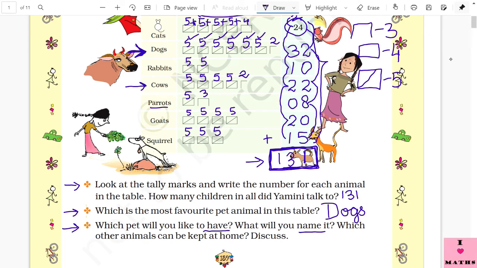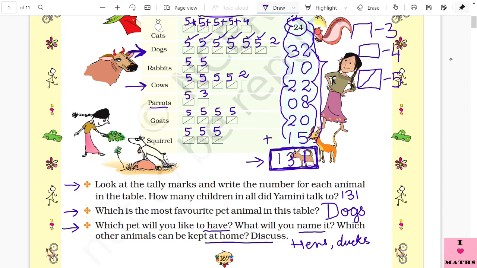Okay, which other animals can be kept at home? Discuss. Children, you can discuss this according to the size of your house. Some other animals can also be kept at home. For example, we can have hens and ducks at home. It depends upon the size of our house what animals we can keep as pets.